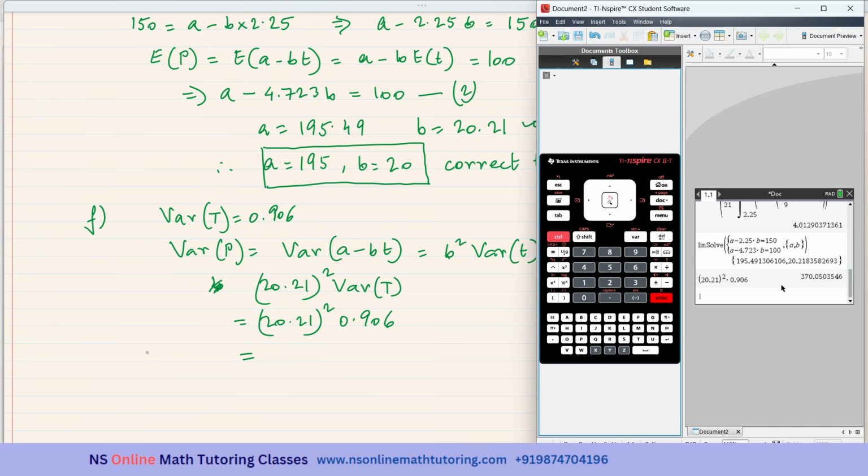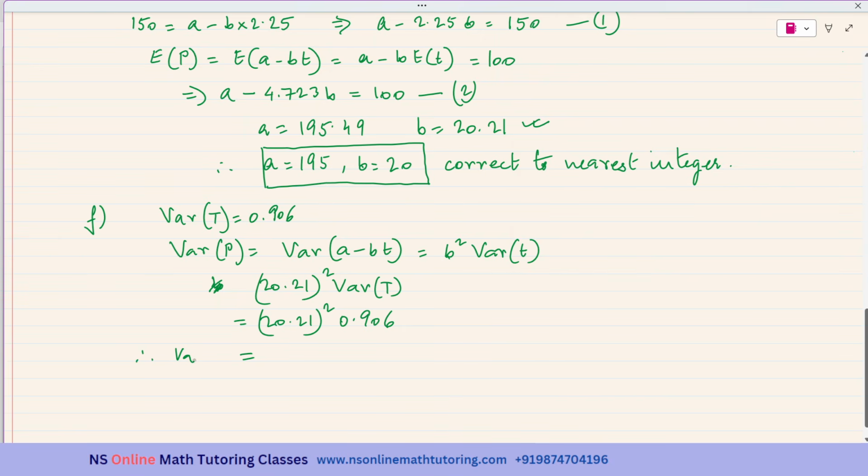Therefore, the variance of P is equal to 370, correct to three significant figures.